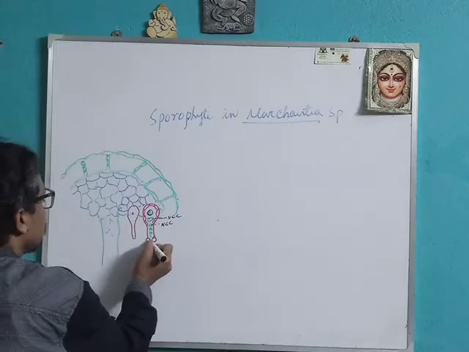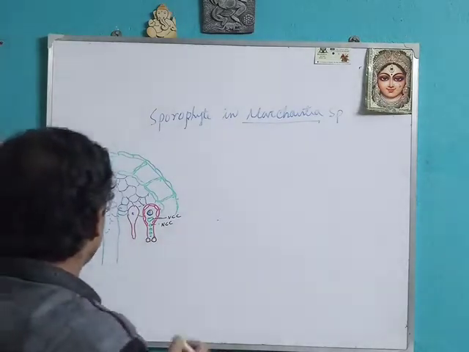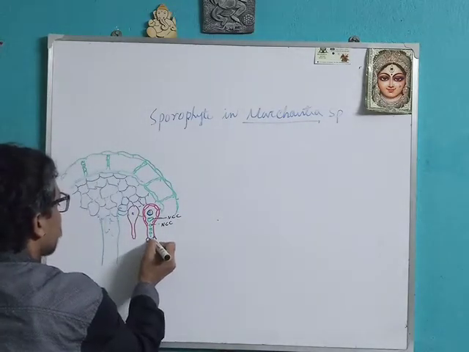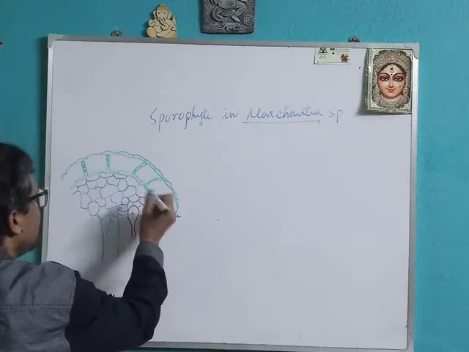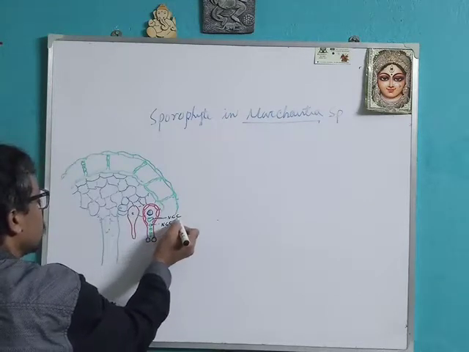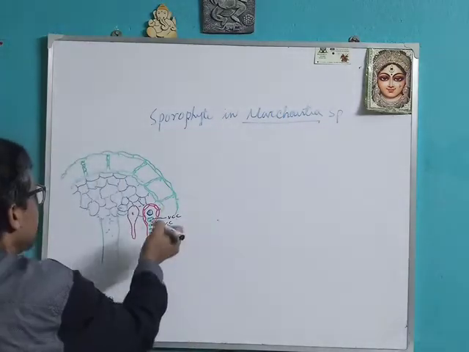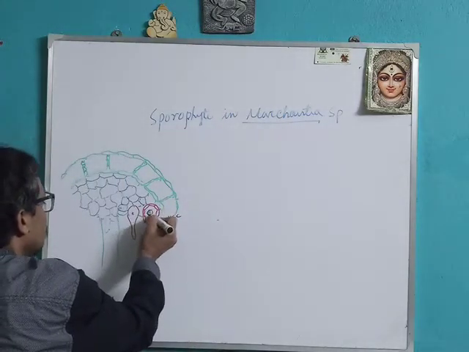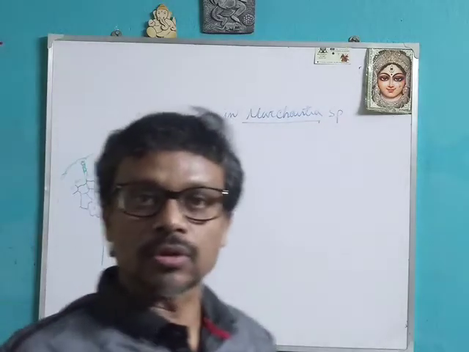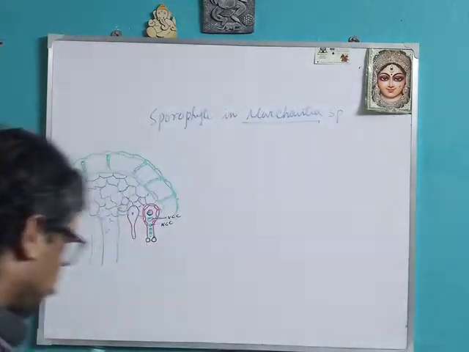These are the cover cells, ultimately leaving a space for the antherozoids. Antherozoids are getting in due to dissolution of NCC and VCC. They got an easy entry, and ultimately after entering inside, uniting with the egg nucleus, the zygote is formed.